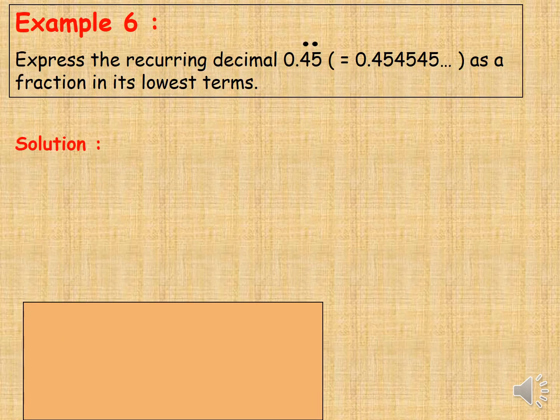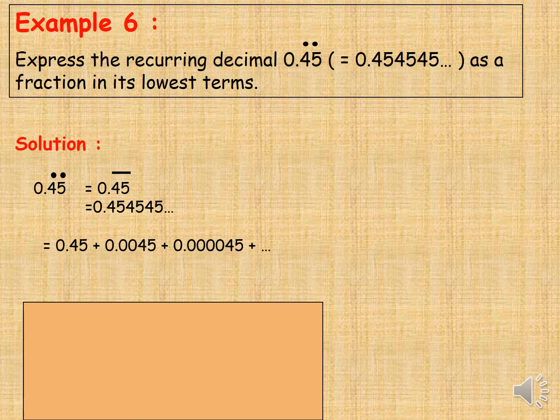Example 6. Express the recurring decimal 0.45, with a dot over 4 and 5 meaning 45 is repeated, as a fraction in its lowest terms. 0.45 when 45 is repeated is 0.454545 and so on.